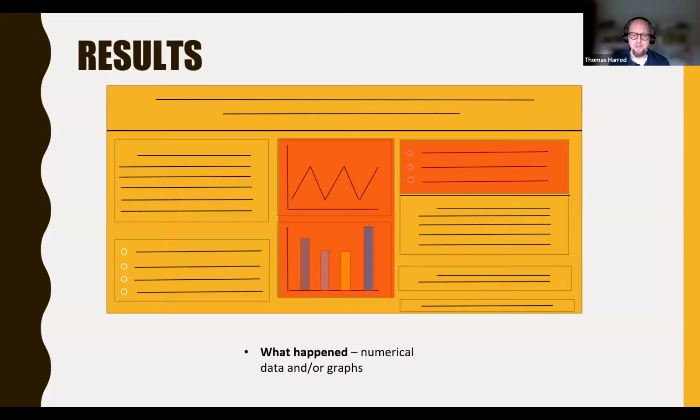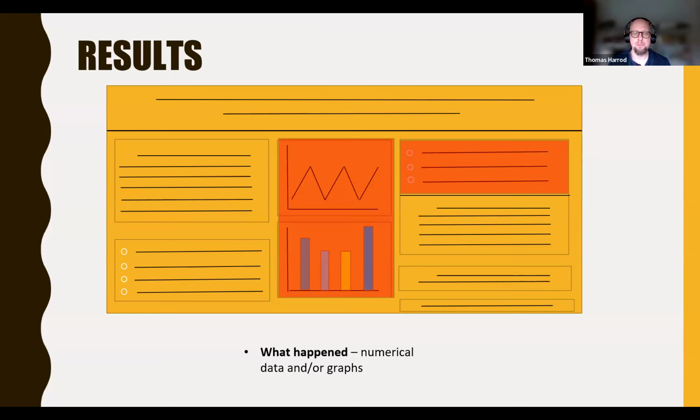What did you observe? This can be done with words, through a bullet point summary of the results, but ideally, this is also a place where you could introduce graphs and graphically present the results. But again, the important thing in the results section is it's just the facts.